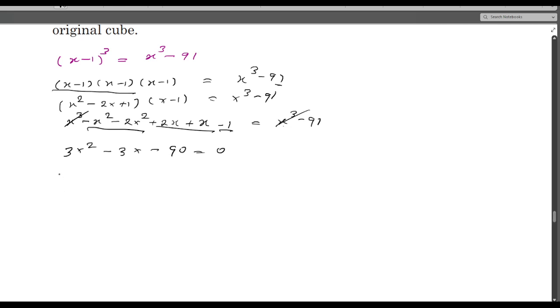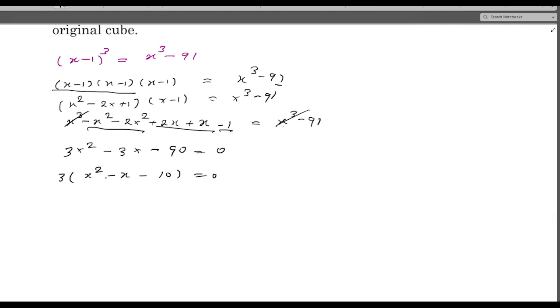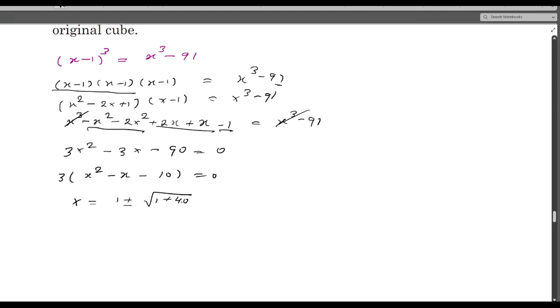Okay, if I take 3 common, it is x square minus x minus 10 is equal to 0. This 10 again we cannot factorize, so let us use the formula method. x is equal to 1 plus minus root of 1 plus 40, divided by 2 times 3.